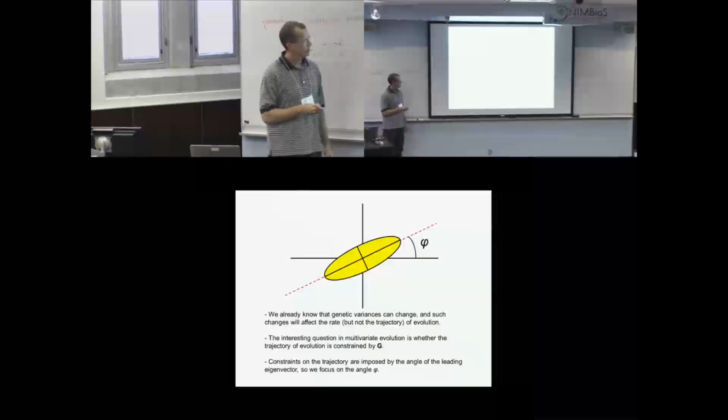But when we start talking about multivariate evolution, we also care about genetic constraints. And the genetic constraints are imposed mainly by the angle of the G matrix, right? So if its angle is pointing a particular direction, and it's a different direction than the direction that beta is pointing, then the G matrix will be a constraint for the response to selection, right? And so we're interested in the angle, at least we were most interested in the angle of G, because we see that as an evolutionary constraint.